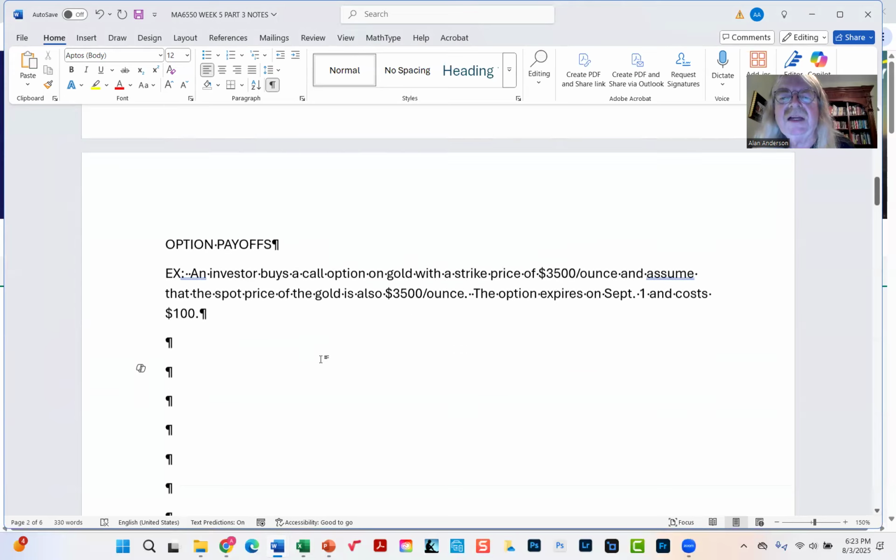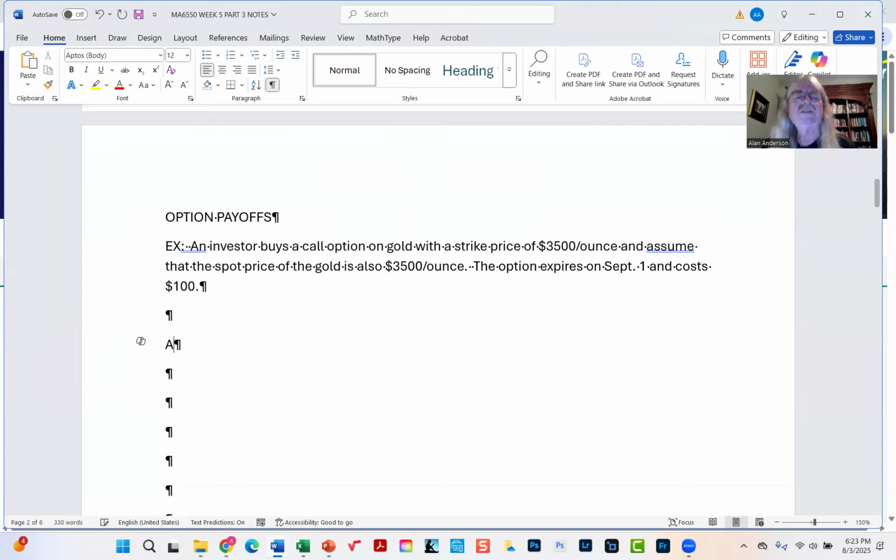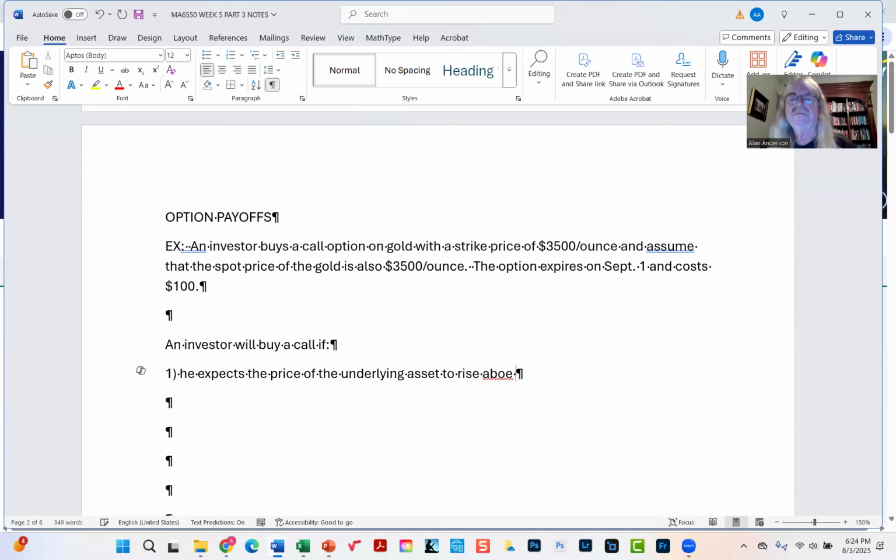Fine. Now, an investor buys a call for one of two reasons. Number one, he expects the price of the underlying asset to rise above the strike price, or number two, he is hedging the risk that the price of the underlying asset will rise above the strike price.